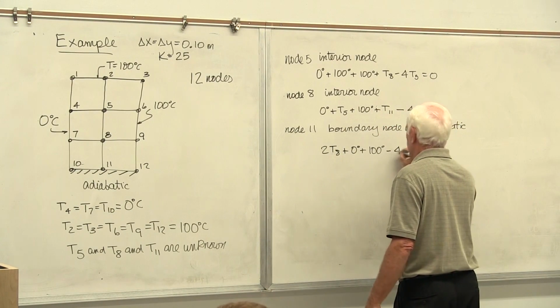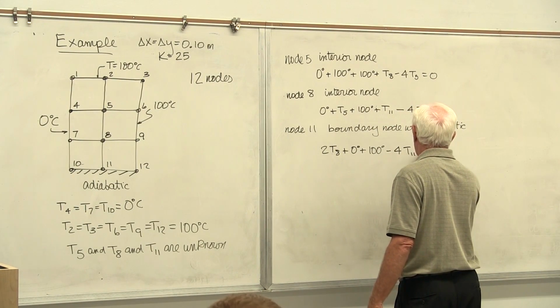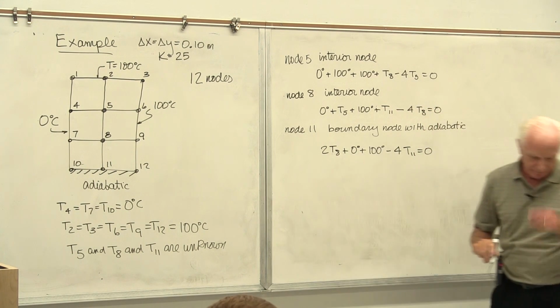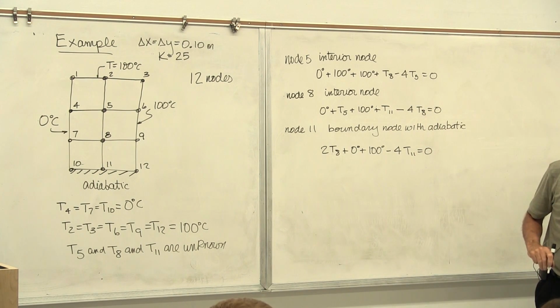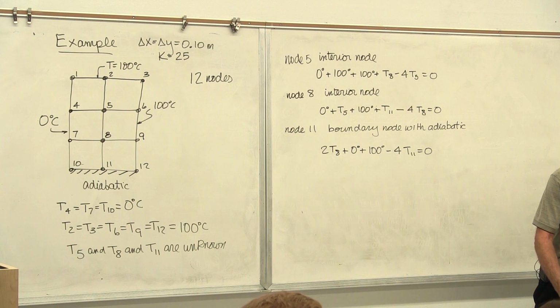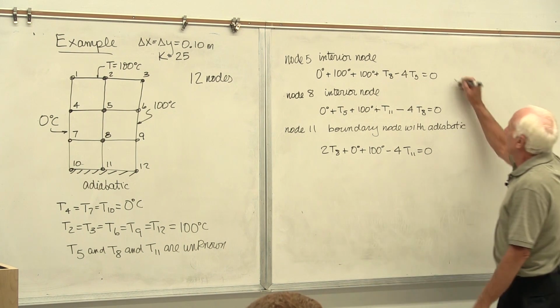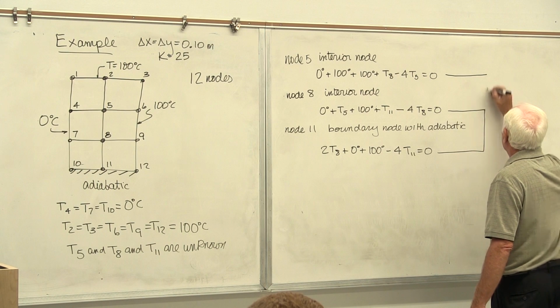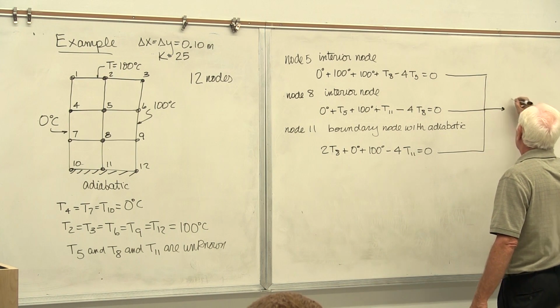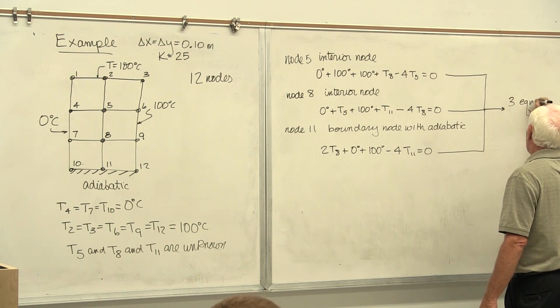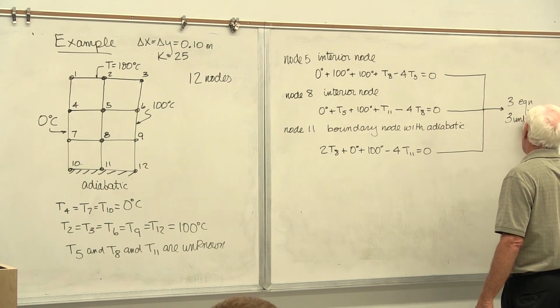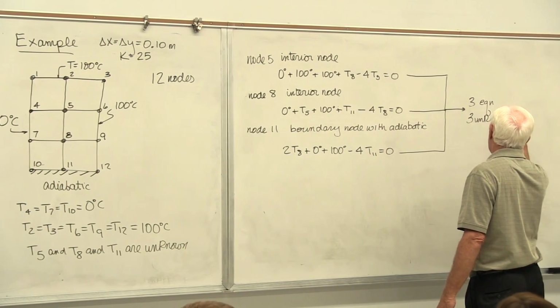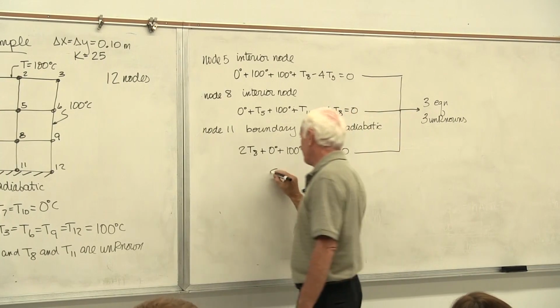Minus 4 times T11 equals 0. Okay. Three equations, 3 unknowns. Solve.